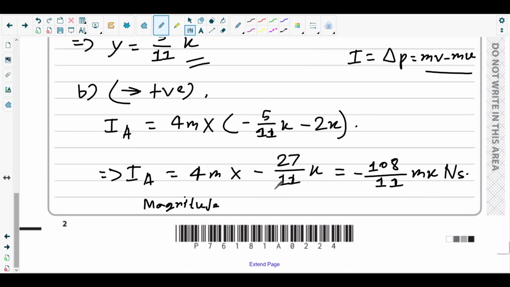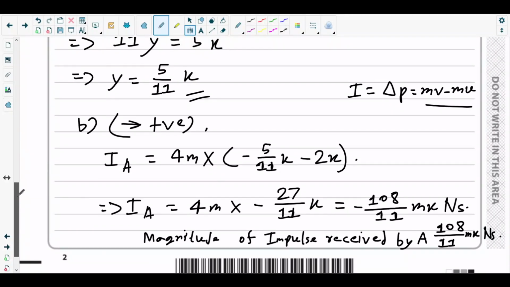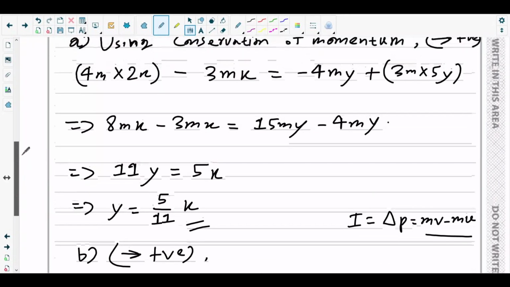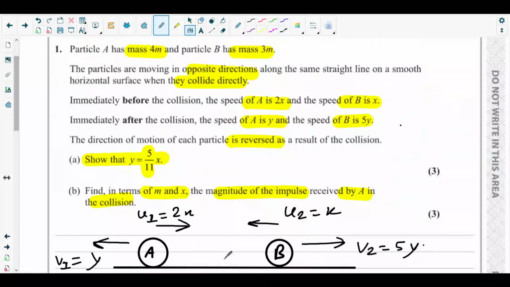So the magnitude of impulse received by A is 108 over 11 mx Newton second. Okay, so we got the magnitude of impulse received by A. This is 108 over 11 mx, and that's exactly what question number 1b has asked for.